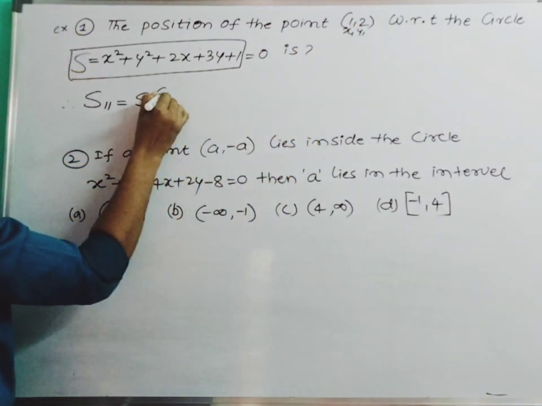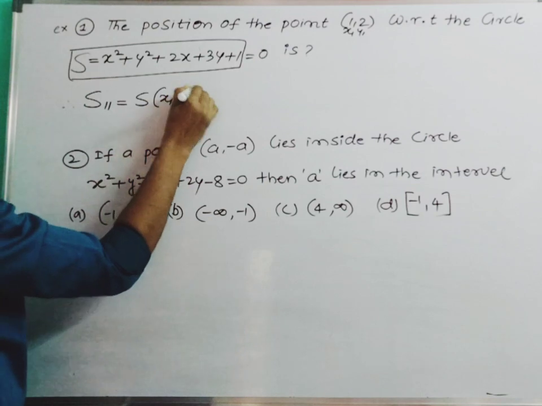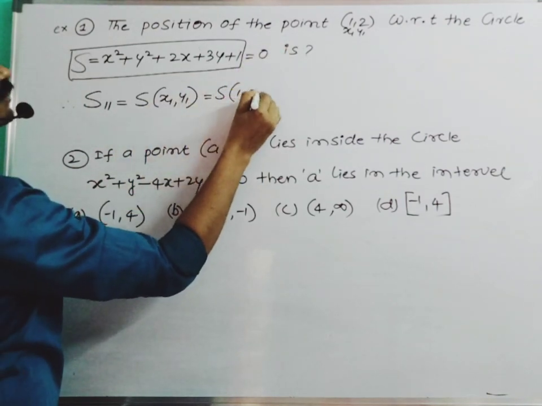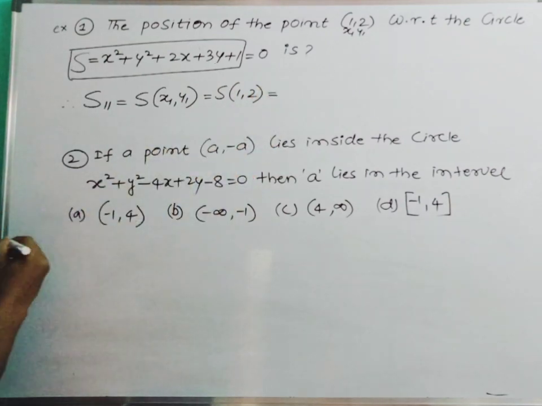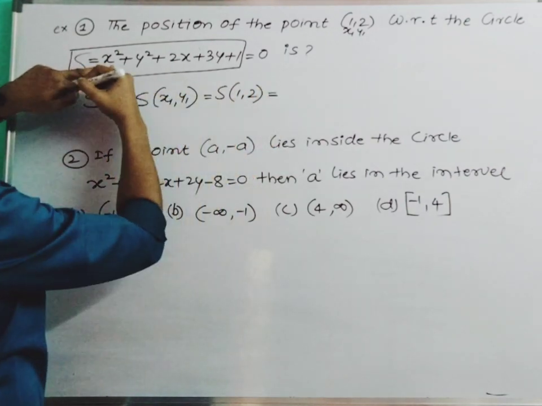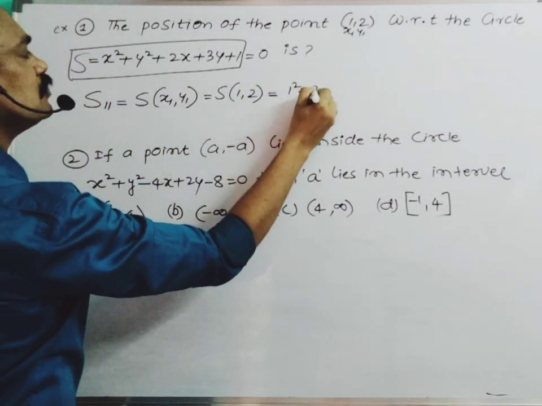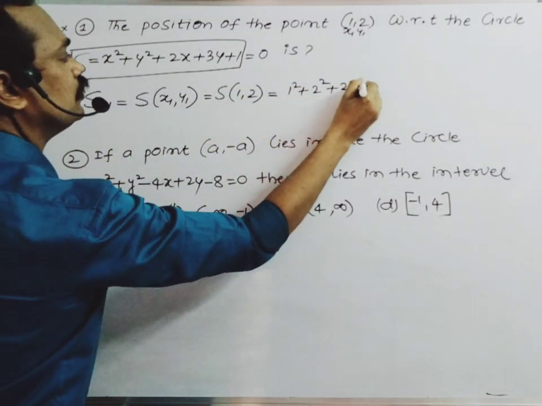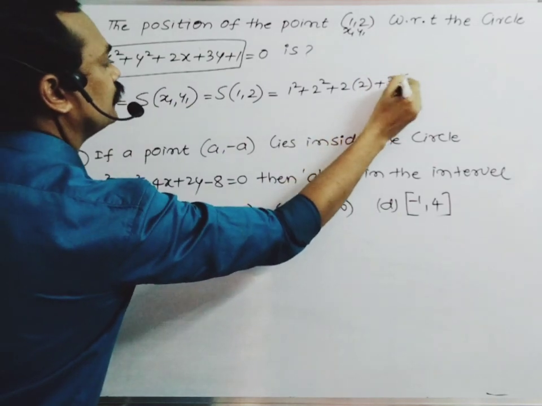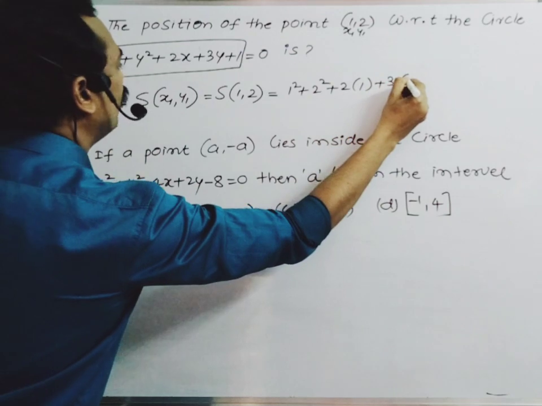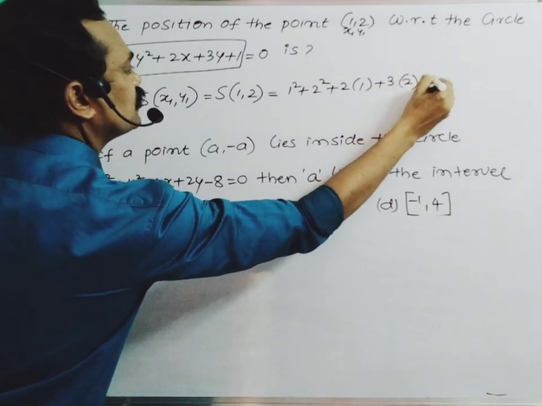What is the x1 comma y1 point? Simply x1 comma y1 is 1 comma 2. The x coordinate is 1, the y coordinate is 2. So 1 square plus 2 square plus 2 into 1 plus 3 into 2 plus 1.